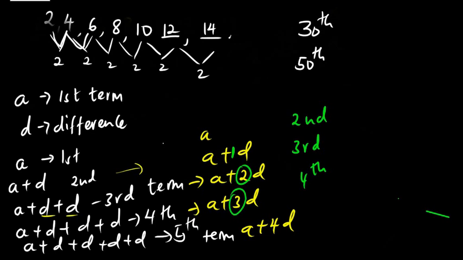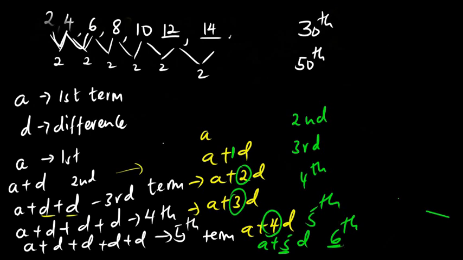To get the fifth term, the coefficient of D is 4. The sixth term, following the same pattern, is going to be A plus 5D. You see the coefficient of D is 1 less than the nth term.